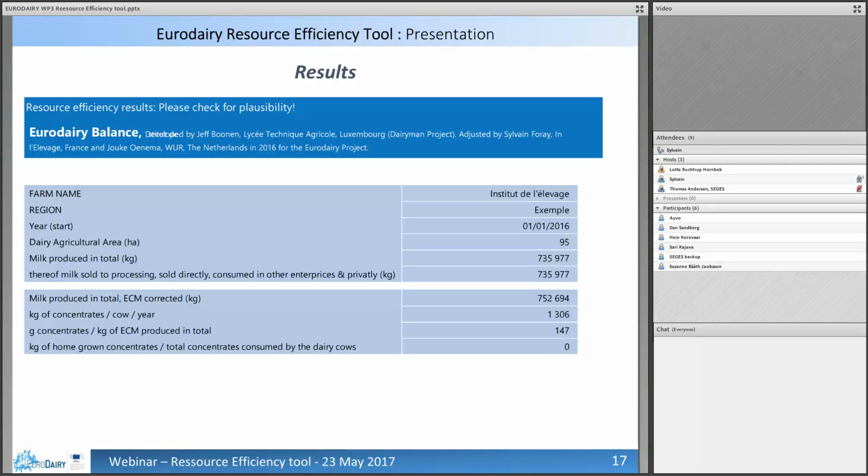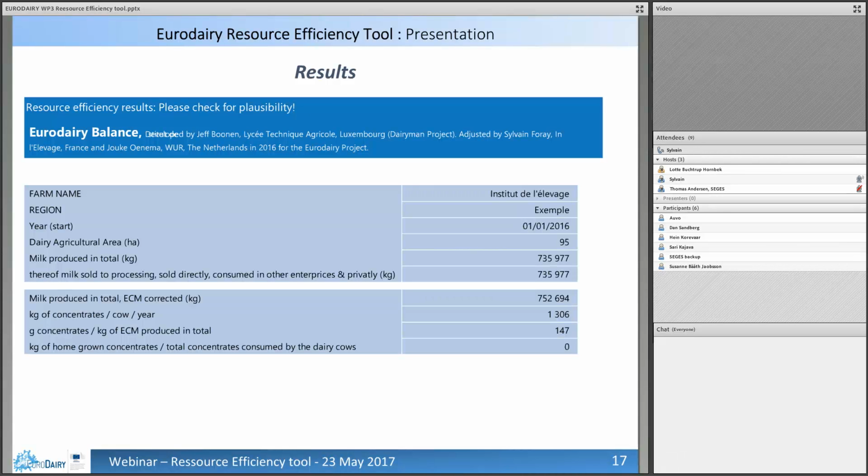But you have here now stopped or finished the collection of the data for the resource efficiency part, and you can find the different results concerning this efficiency approach.